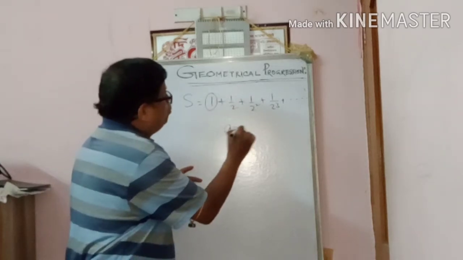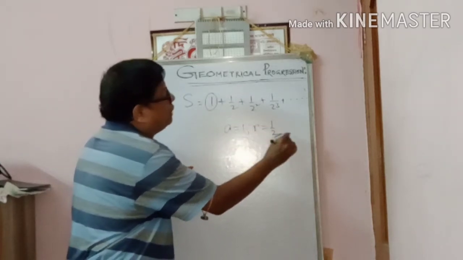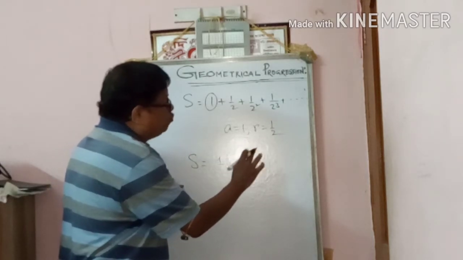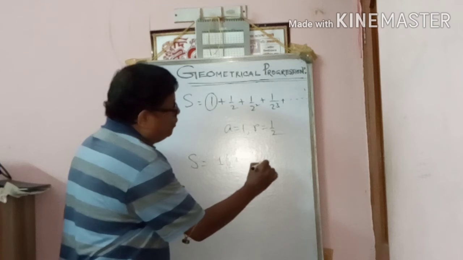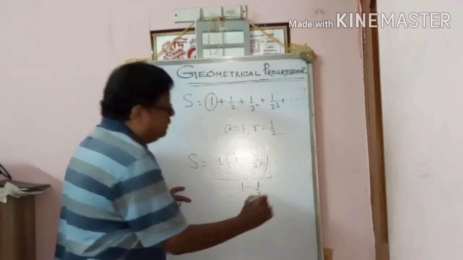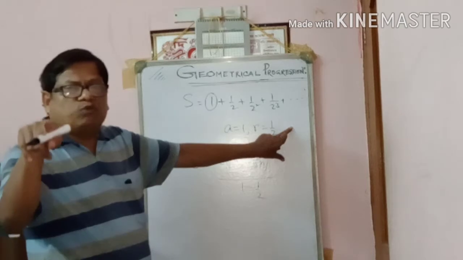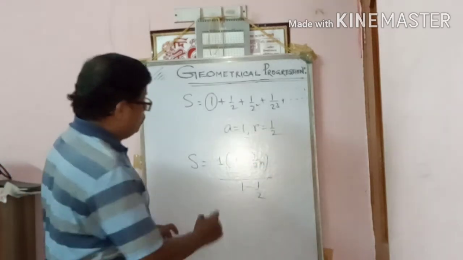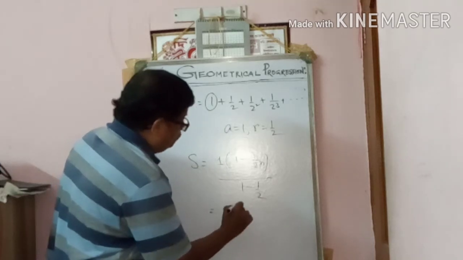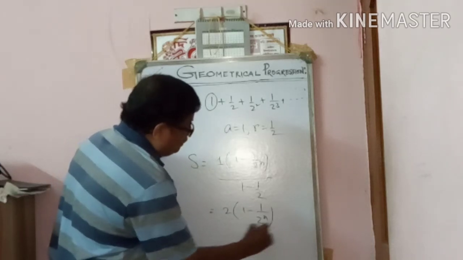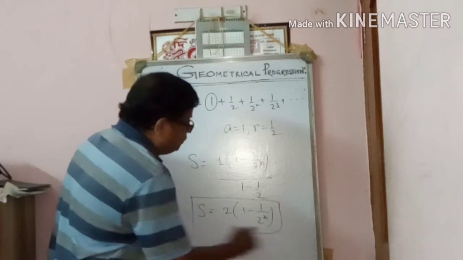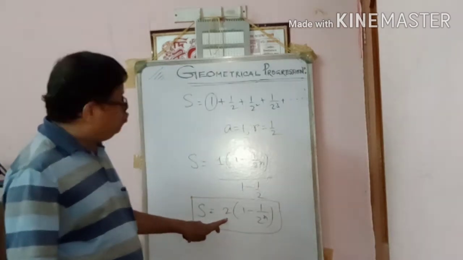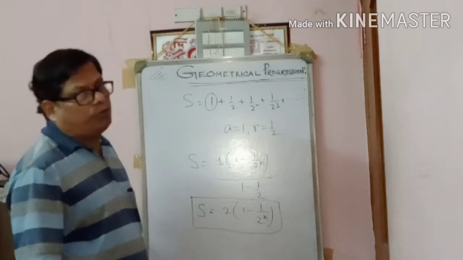So write A equal to 1, R equal to half. Okay. So write S is equal to 1 into 1 minus R to the power n, 1 by 2 to the power n, by 1 minus R. Here half is less than 1. Okay. Half is less than 1. So apply this formula. So here 2 into 1 minus 1 by 2 to the power n. This is S. Up to this you get full marks, no problem is there.